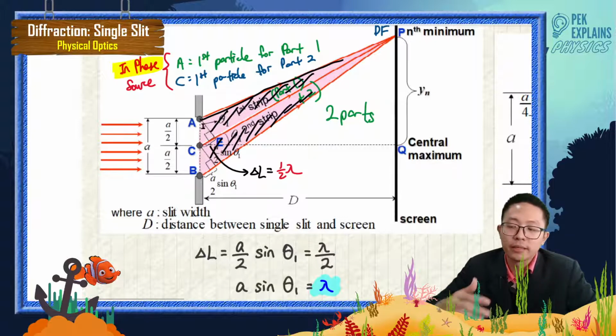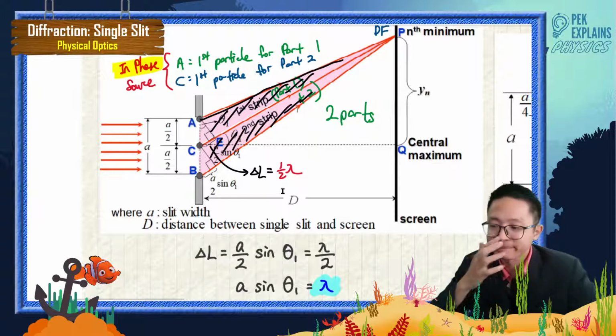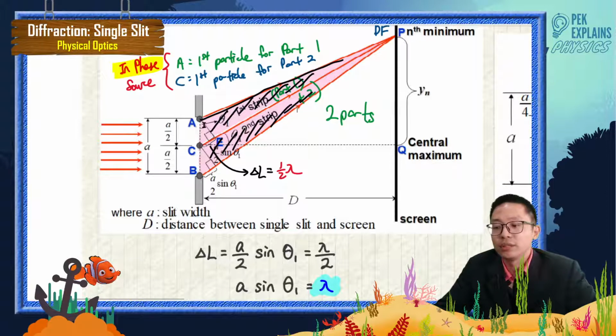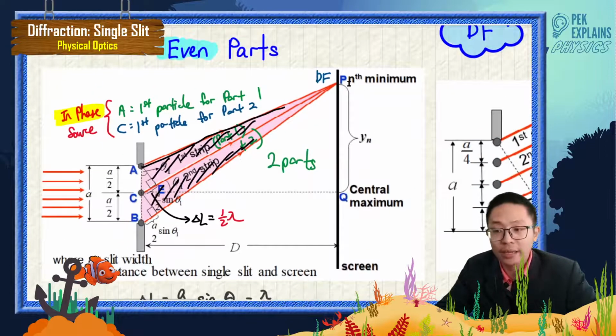The first particle light cancels the first particle light, the second cancels the second, the third cancels the third, because the path difference delta L is the same, half lambda. Understand? So the first strip light is cancelled by the second strip light. So in the end, it produces a dark fringe over here.